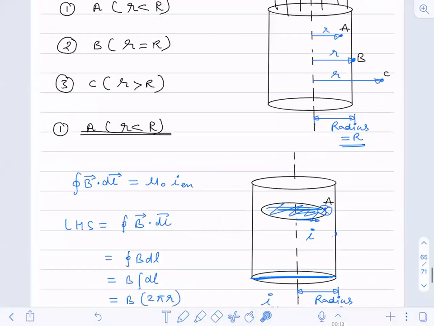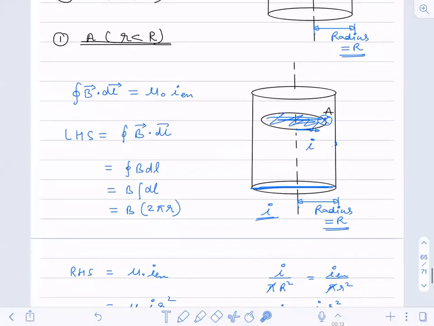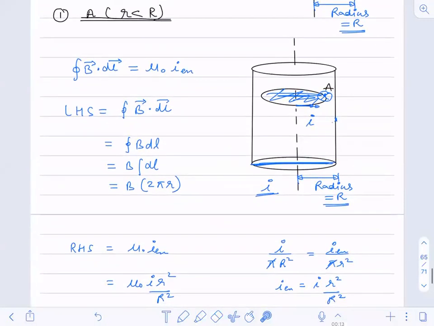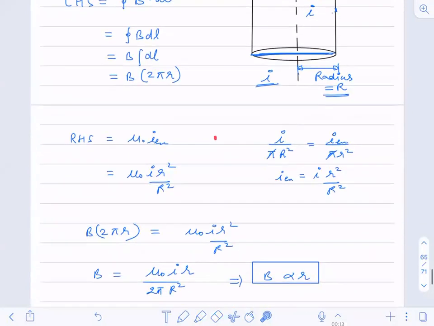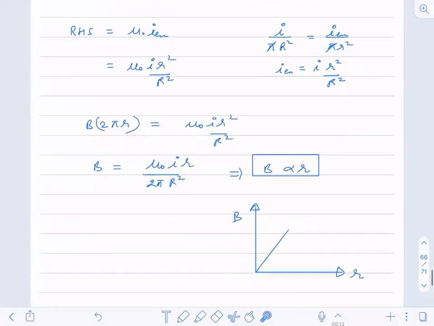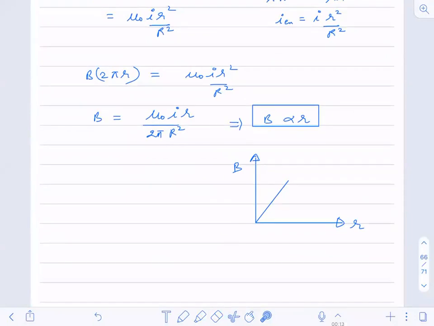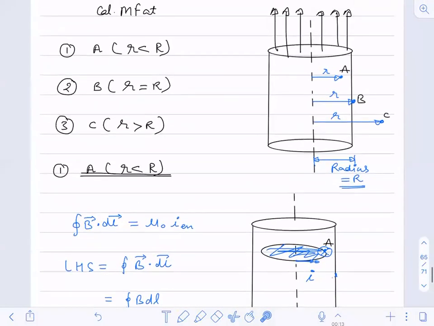For the first case where the point was inside the conductor, we have calculated it, and we got a result where B was directly proportional to the distance. The remaining two we have to carry on.